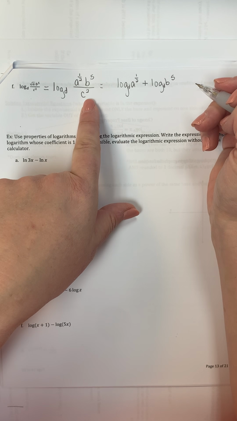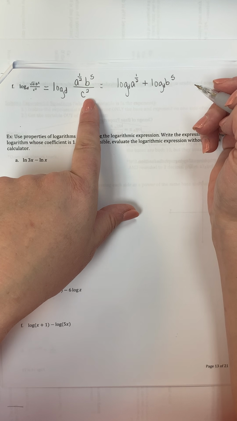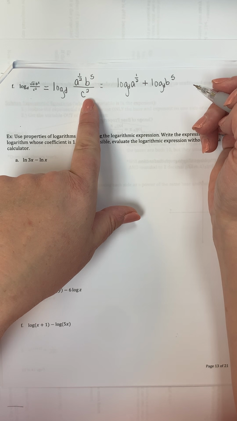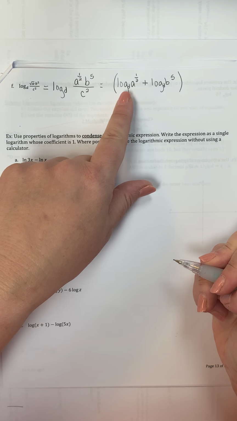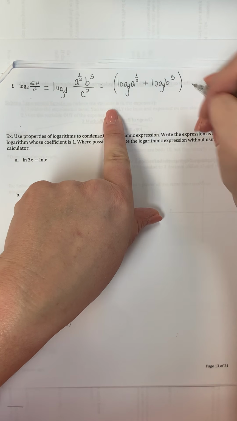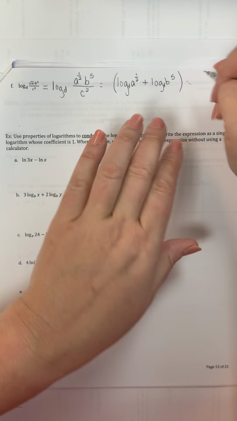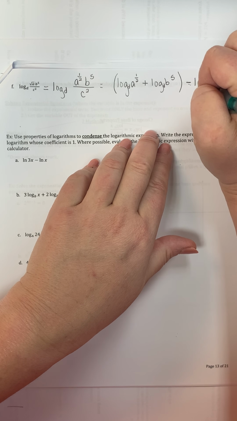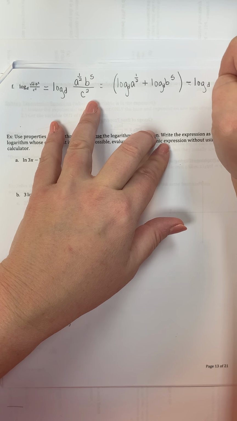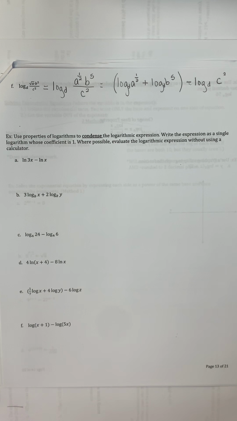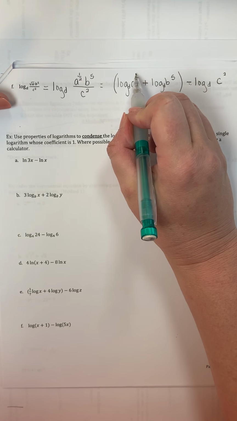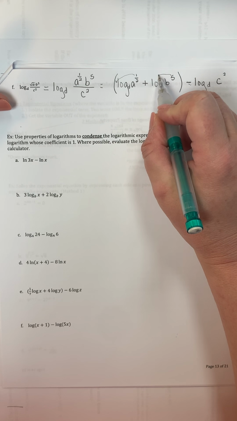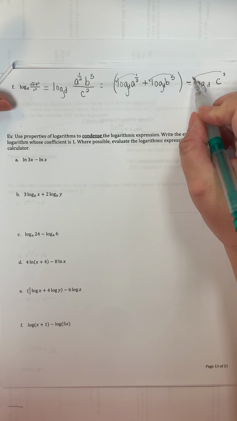Okay, then I have a denominator. What do we do with a denominator? We subtract him. So I'm going to put this guy in parentheses, indicating this is the numerator. And I am subtracting log base d of c squared, which is my denominator. Okay, well, we got a lot of exponents there. So now we need to take every exponent in front of its particular log.